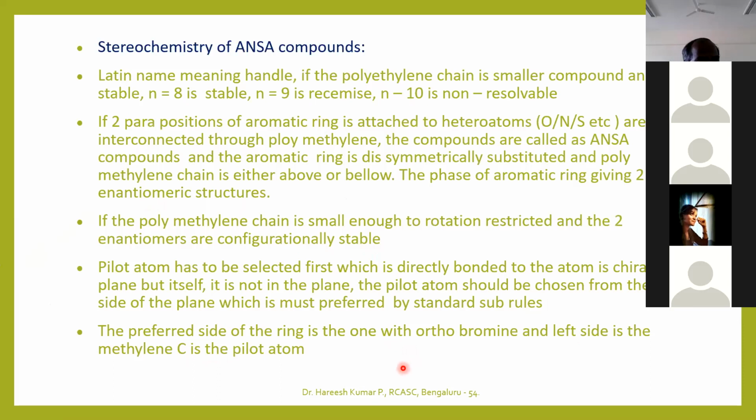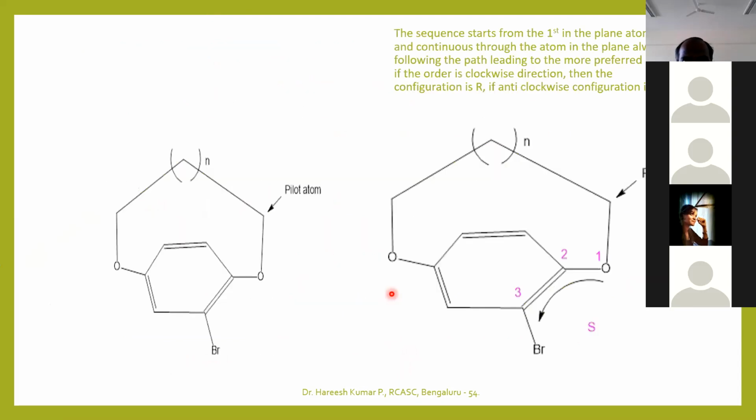So next type is stereochemistry of Ansa compounds. Ansa compounds means, I will show the example. You can look into that. These types of molecules are called Ansa compounds. What you can observe is that this is a big polymethylene group. Suppose n is equal to 8, then such compounds are stable.